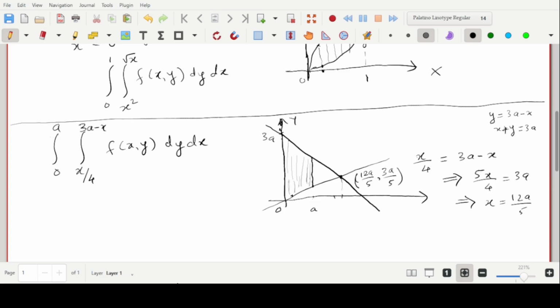But between which two values does x vary for every y?